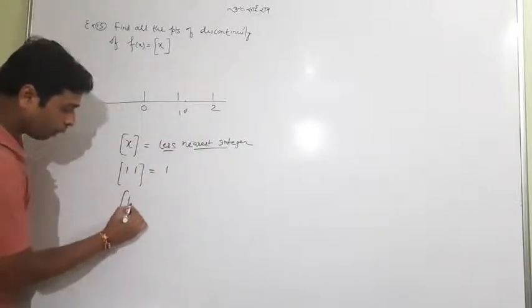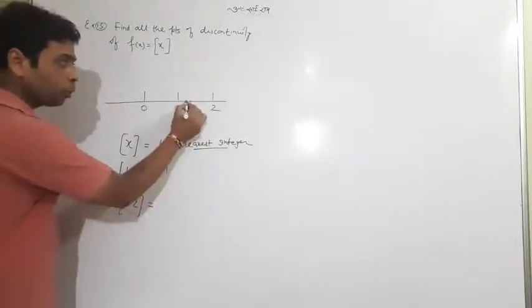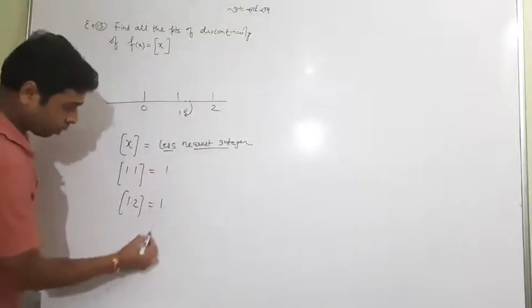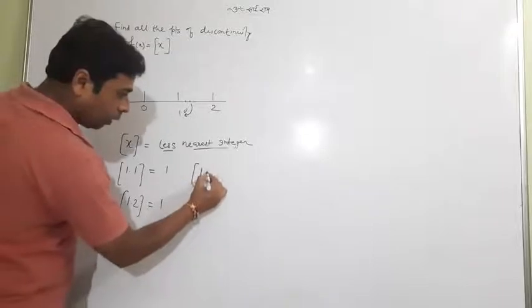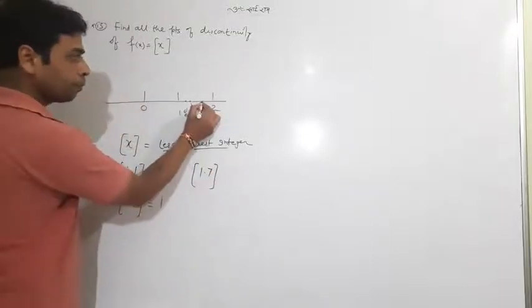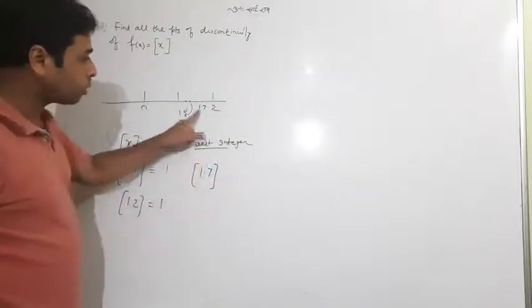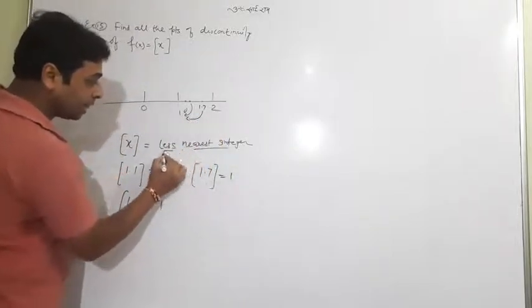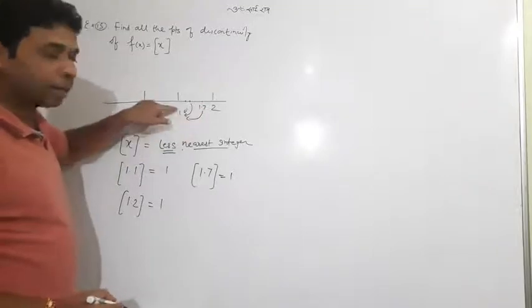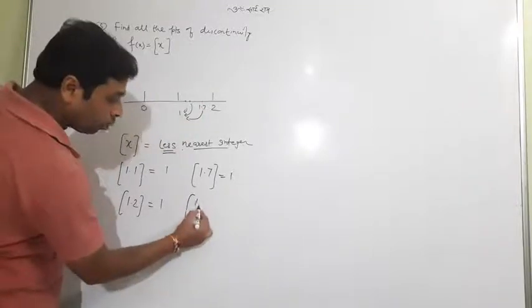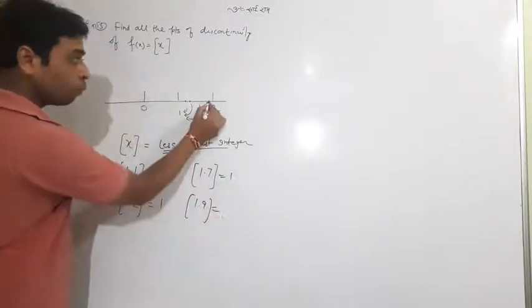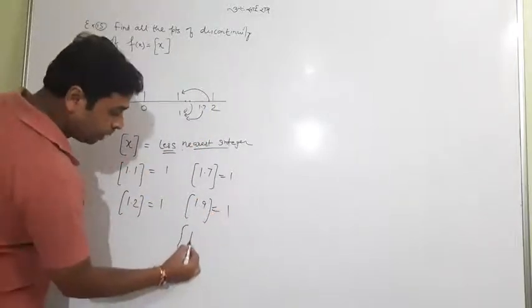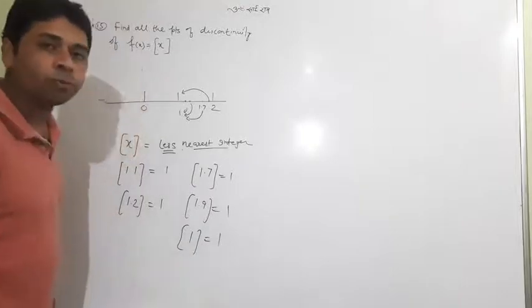Similarly, 1.2 again gives 1. If I choose 1.7, students normally say it is 2, but it is not 2, it is again 1, because it must be the less and nearest. Even 1.9 gives the answer 1, and the integer itself gives itself.